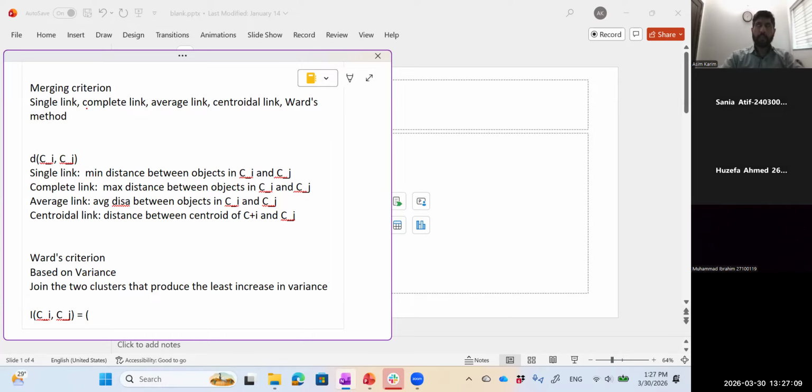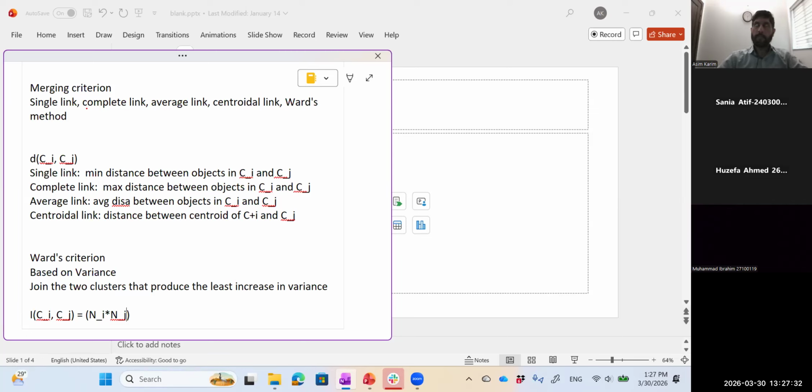I hope ये formula से double check कर लूँगा बाद में. I think I may miss something. Ni and Nj is the number of objects in CI and CJ. ठीक है.